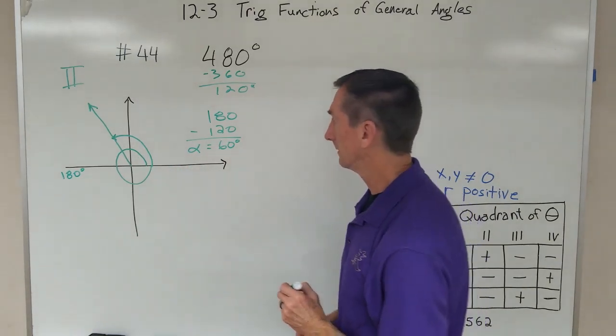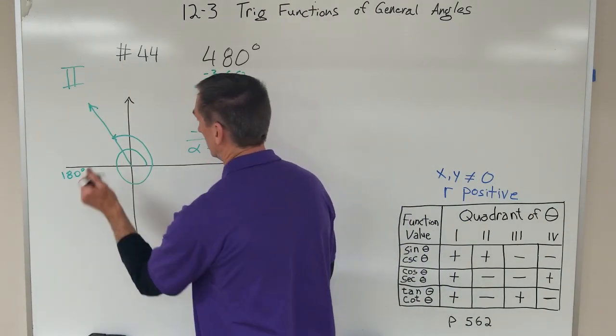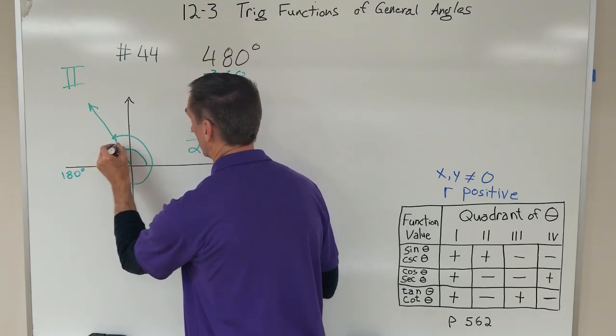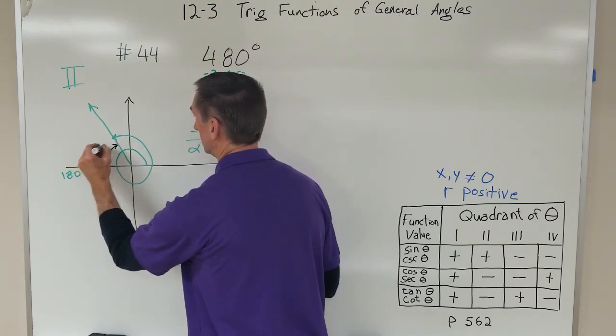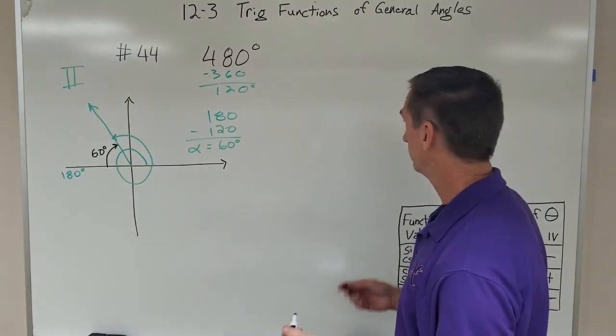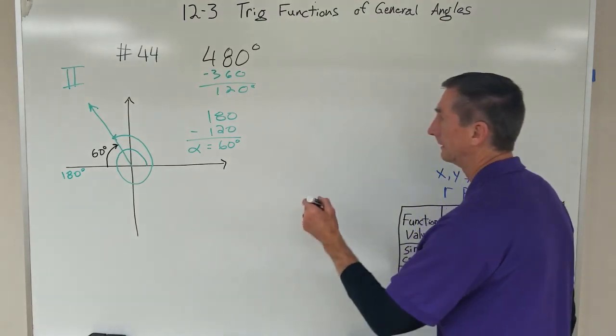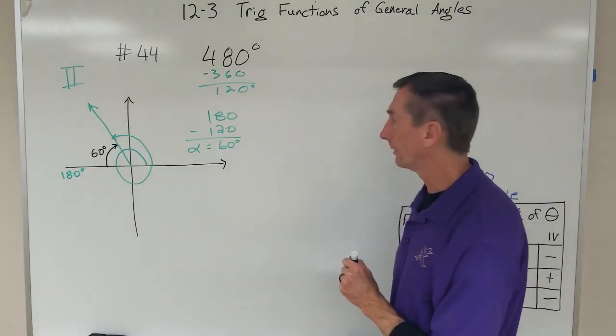Reference angle is 60 degrees. That's this angle right here. Okay, so now let's find our big six. Actually, I'll find 3, and you can find the other 3. I believe this is going to be one of our homework problems.